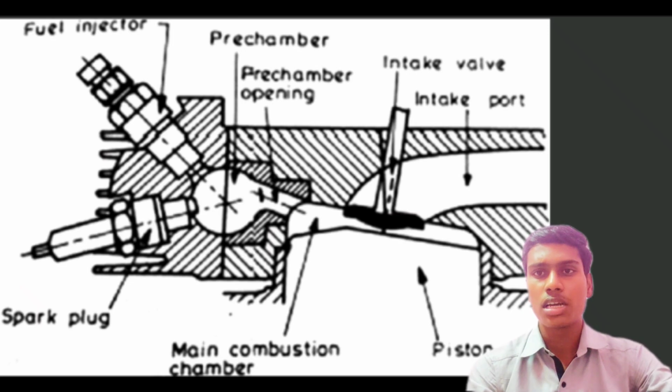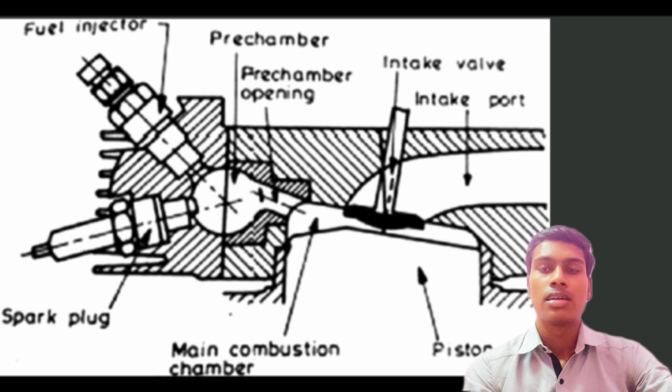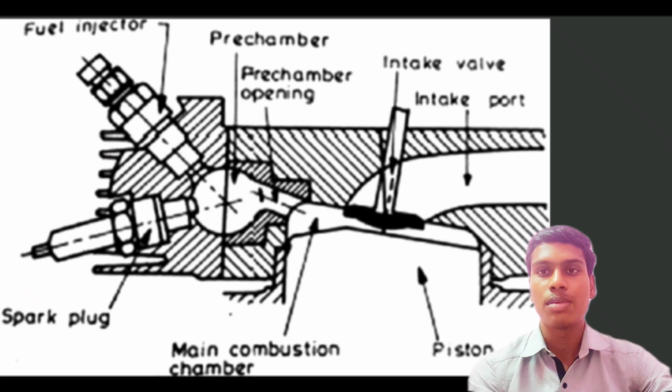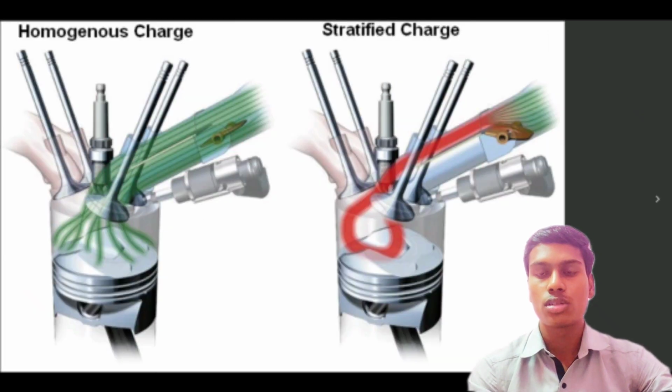The disadvantage of using this is it will create some amount of NOx and soot particles if the stratified injection is not good. So we have to inject at the correct timing when the piston comes near the top dead center, so that the air fuel mixture gets near the spark plug. Then the power stroke will come into picture. After that, the combustion process will end.